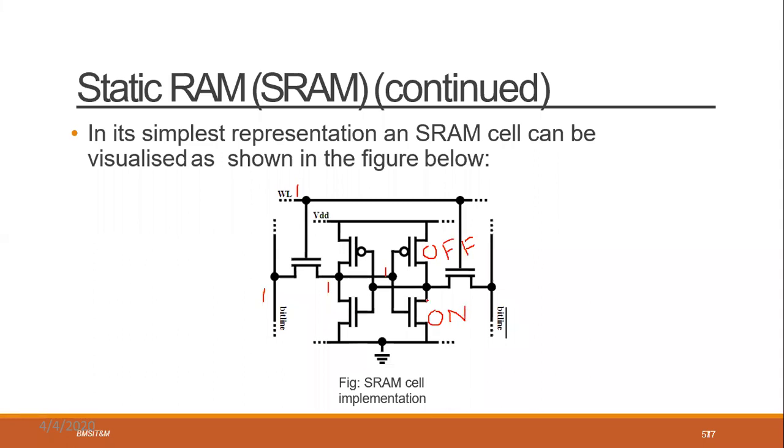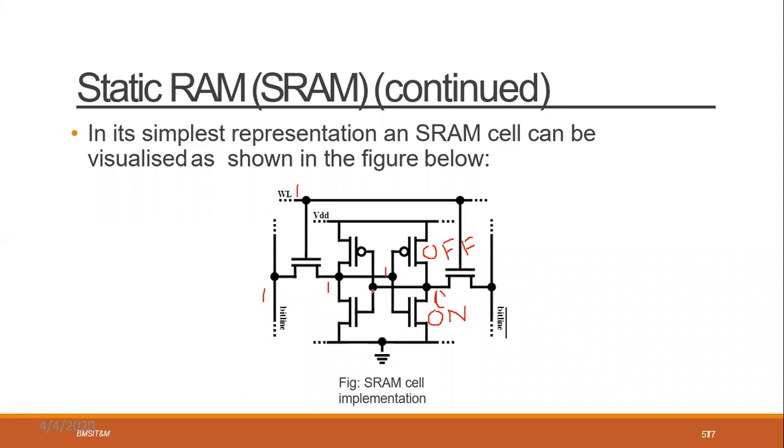When this is off, see, this is connected to VDD, but this transistor is off, so you will not be getting that voltage here. But here this is on, and on means it is connected to ground, so it will discharge here. Means you will be getting a value of 0 here, because there is no connection from VDD to this point since this transistor is off.